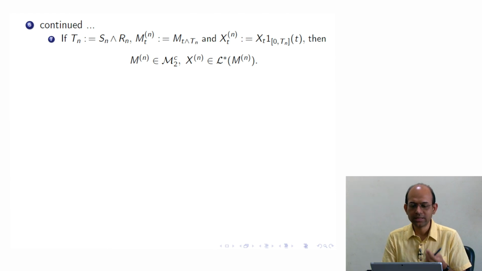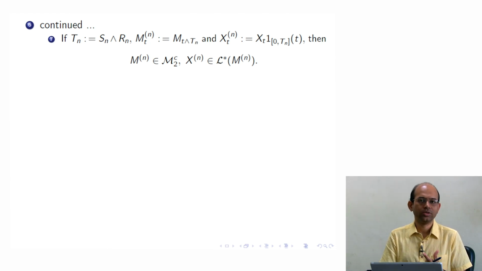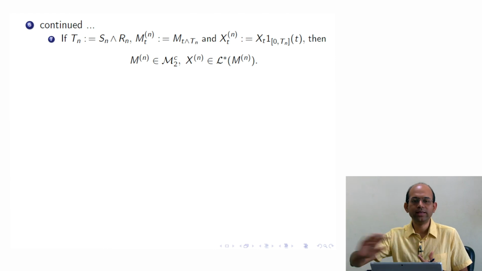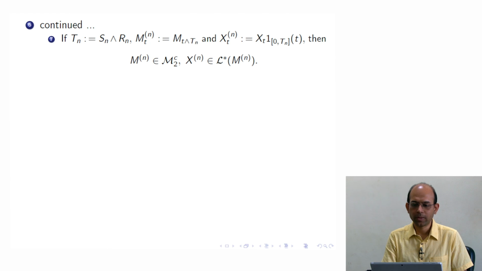The integrand we choose as Xt for all time till Tn. After Tn we are going to kill it, it would be just 0. That is the kind of localization we are doing.